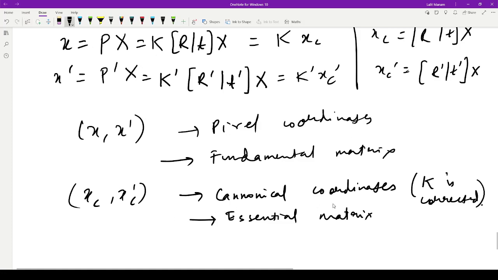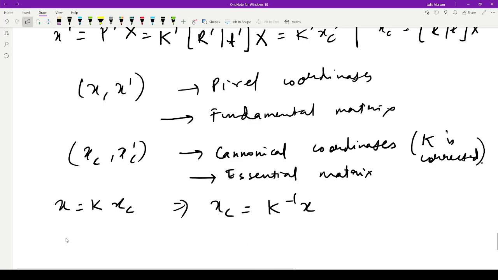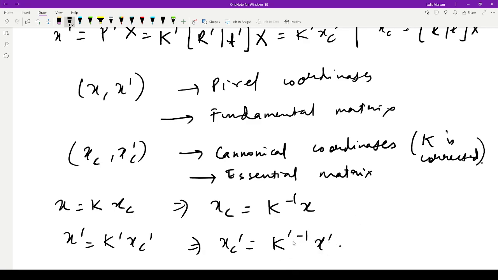Canonical in the sense that from here you can see x equals K into xc. So if you want canonical coordinates, you can just invert the intrinsic matrix and get it. Similarly, you can invert the intrinsic matrix in the other image and get the canonical coordinates.